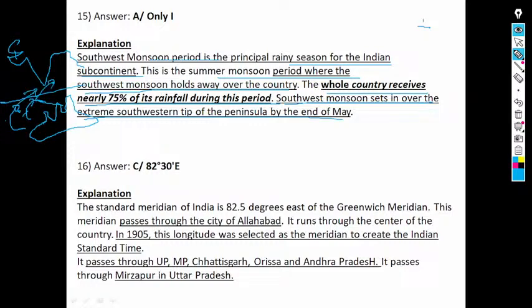After crossing the equator, the winds just get diverted. It is the southwest monsoon. So the Kerala coast gets it in the last week of May.